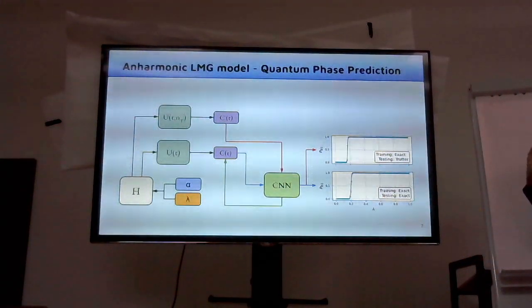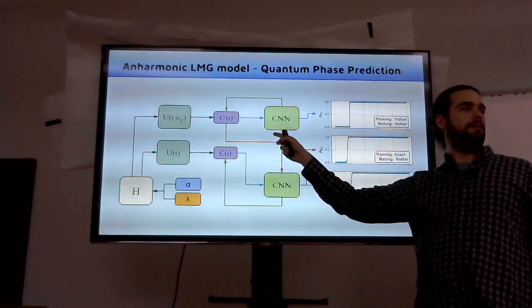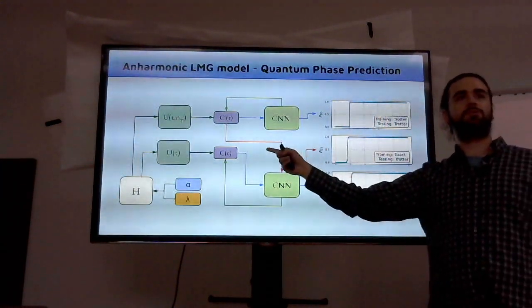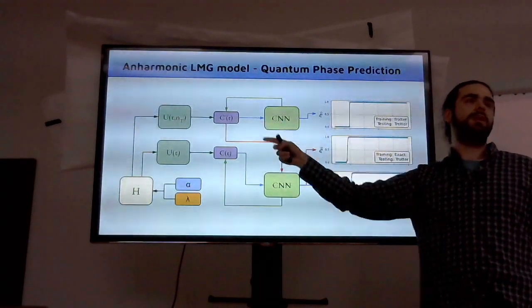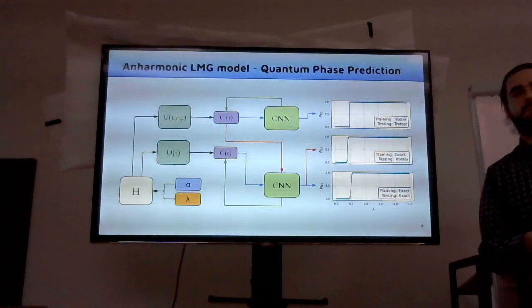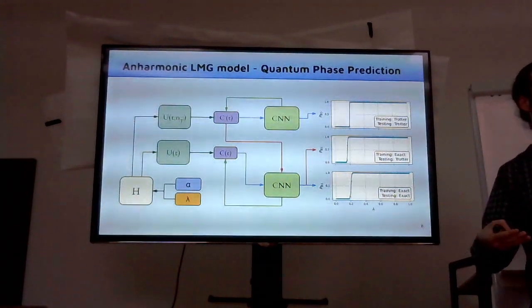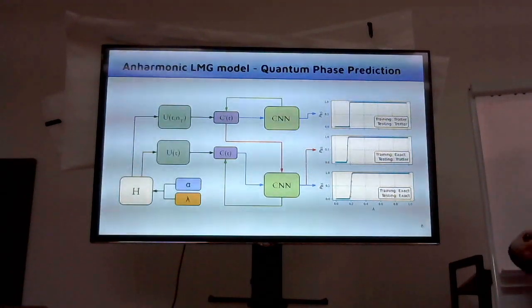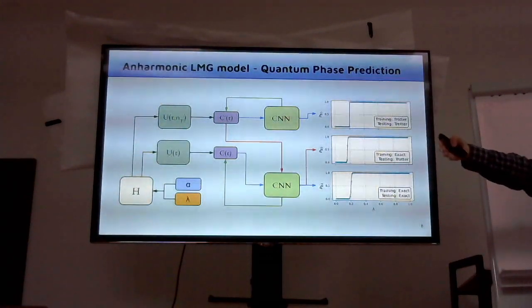So what I tried next was to train my convolutional neural network using the wrong evolution instead of the correct one, because even if it's not showing the actual target system, it still has the same properties regarding the parameters, so regarding the quantum phase transition.